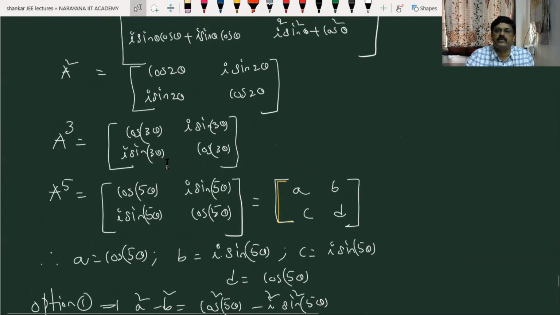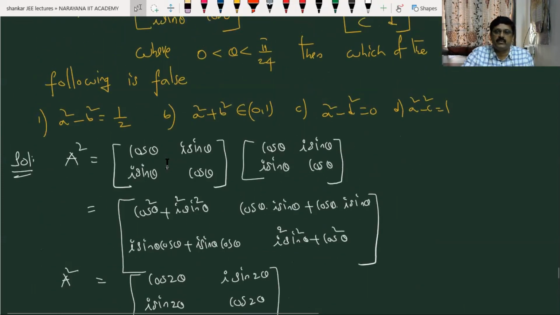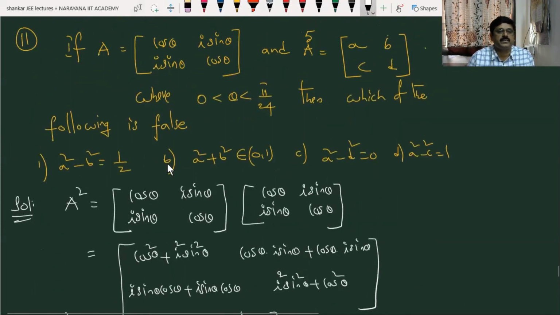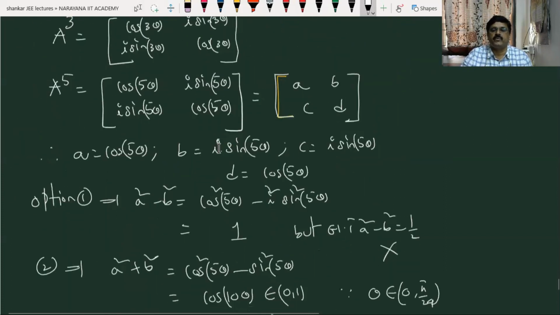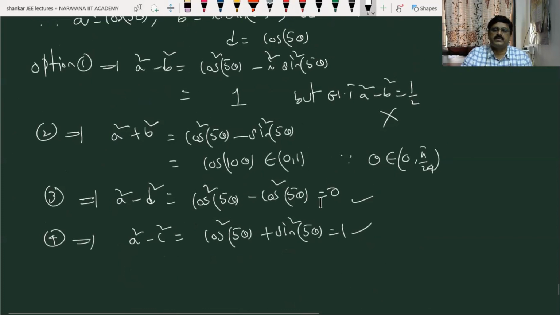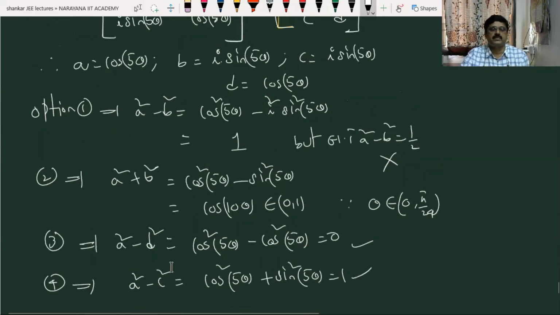That is also 1. They gave that also as 1. So as per the question, which of the following is false means we have to opt option 1, students. See how this problem is given. Just you are given theta belongs to 0 to pi by 24, which means this so-called 10 theta angle is also giving cos of 10 theta a positive value undoubtedly. Okay, students, right?